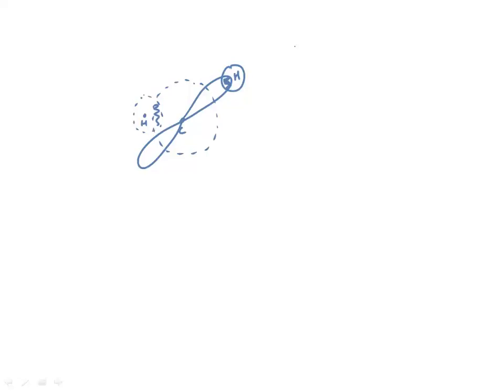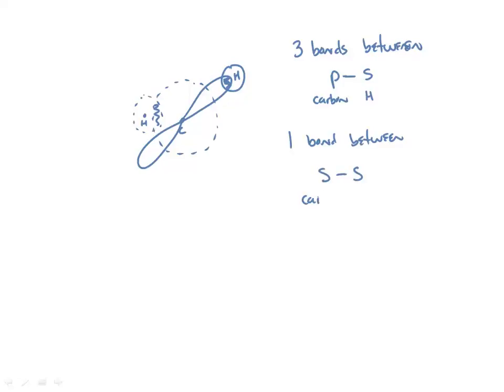And so, here's my overlap from that. So what this is saying is I've got 3 bonds between p and s orbitals, and the p ones are on carbon, and the s orbitals are, of course, the hydrogen. And I've got 1 bond between an s and an s on carbon and hydrogen.